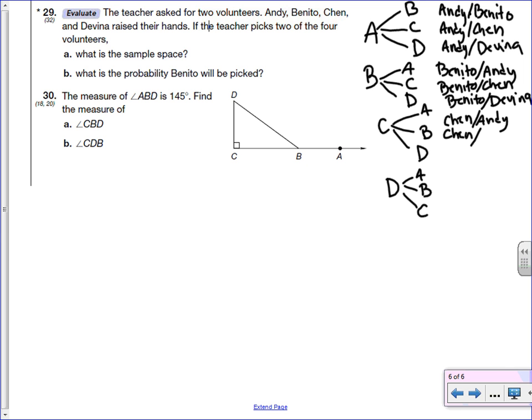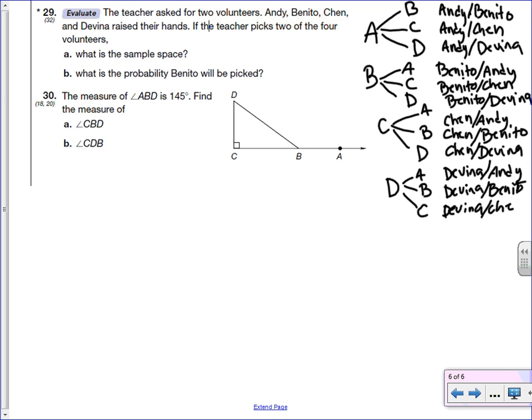Chen and Benito. Or Chen and Davina. We have Davina and Andy. Davina and Benito. Or Davina and Chen.